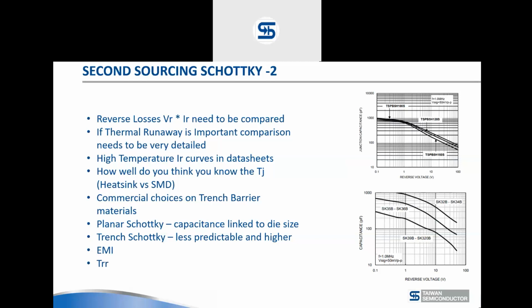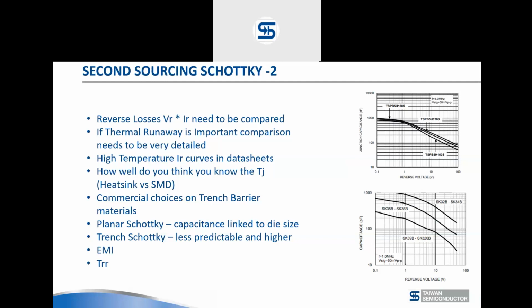Then you see, I have the same VF spec and a better leakage current. So then you reduce the barrier material, and then of course you get the same leakage current as your planar Schottky device, but even a smaller die size. So watch out, trench barrier is usually better on leakage current, but there are of course commercial compromises that have to be made.